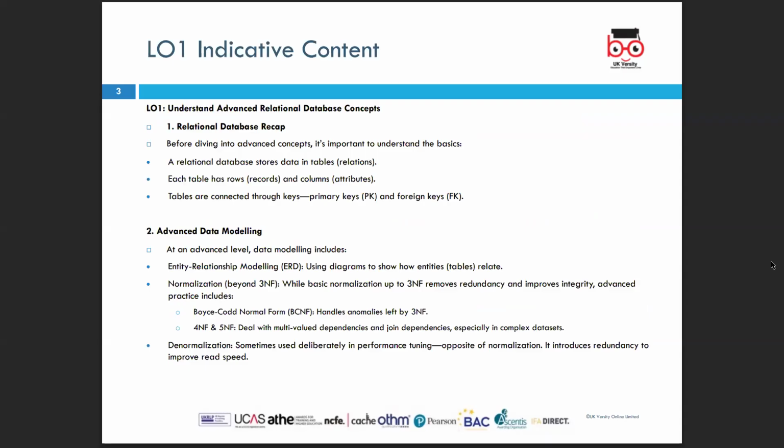Some of the indicative content that we'll be covering in today's session is SQL, SQL databases and non-SQL. Then we'll look into defining what a relational database is, and what types of relational database are available.